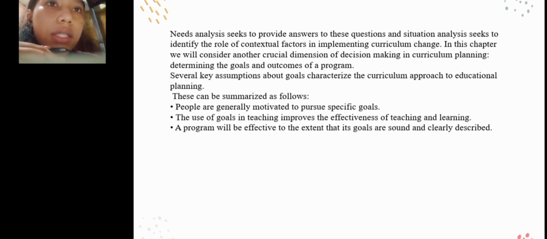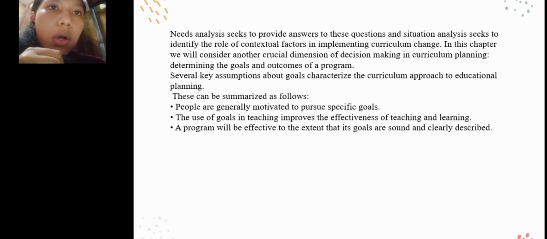Several key assumptions about goals characterize the curriculum approach to educational planning. These can be summarized as follows. 1. People are generally motivated to pursue specific goals. 2.